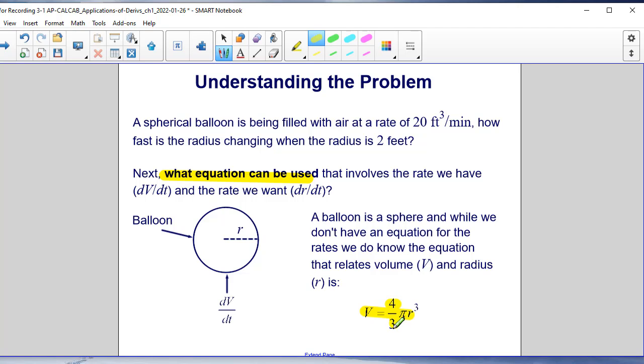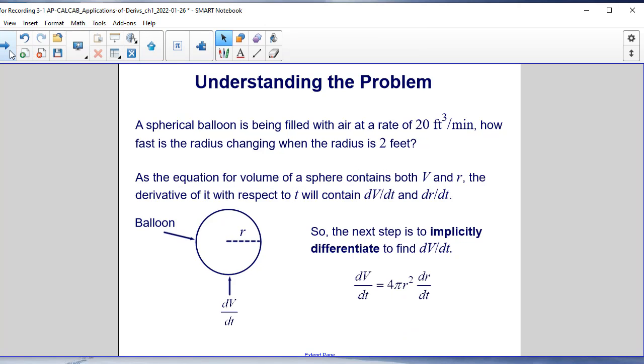So it might be a good idea for you to pause the video, see if you can differentiate V equals 4/3 pi r cubed implicitly, and then after you finish, restart the video and compare your answer with what I'm about to show you. If you did it correctly, you would have dV/dt equals 4 pi r squared dr/dt.